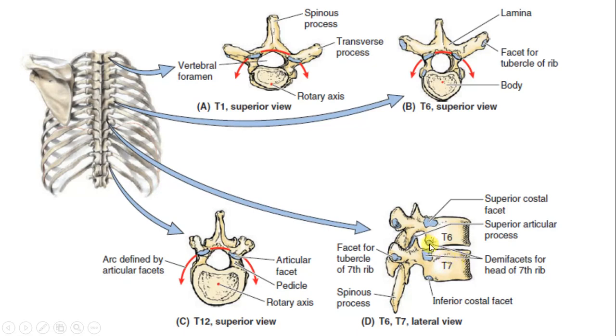The same rib articulates also with the T6 vertebra, the seventh rib, but the lower one, which is larger, is for its own vertebra, T7.